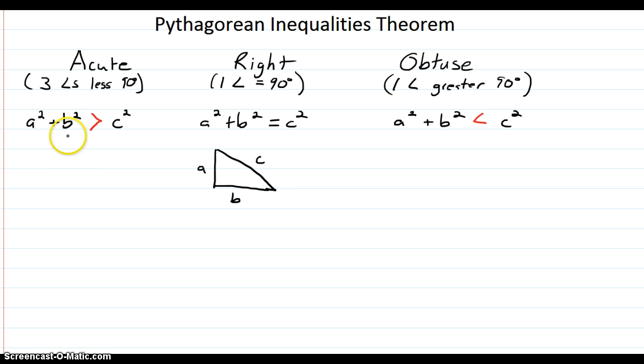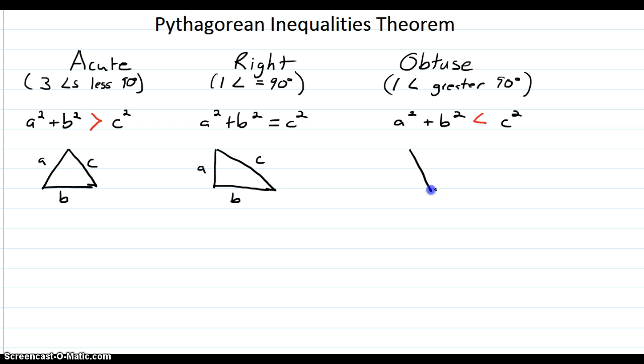And if you think about that, it kind of makes sense. Let's just say this were A and this were B, and this side here was C. Remember that the biggest angle is always opposite the biggest side. If these squared are bigger than this, then C is not quite that big, and so it's not going to be big enough to make 90 degrees, so that's why this would be acute.